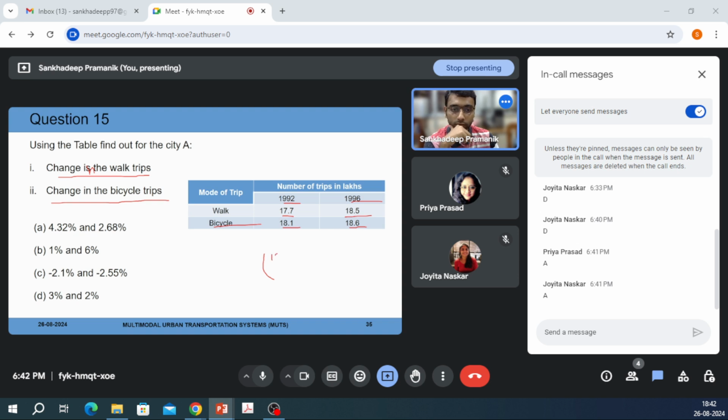You can find it by the 1996 value minus the 1992 value, divided by the 1996 value, into 100.